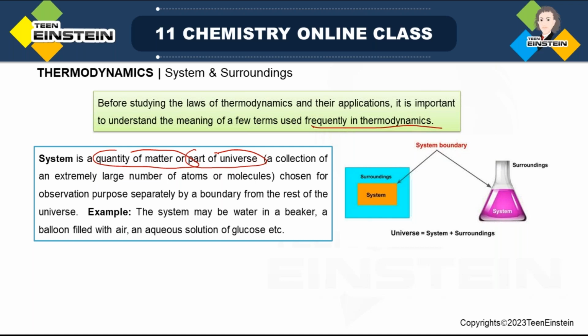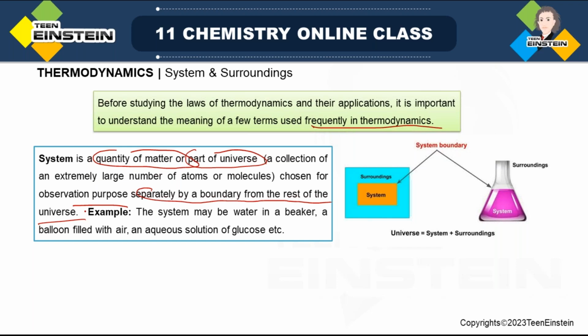Now this part of universe you have chosen for a specific purpose, to make some observations. So chosen for observation purpose, and when you have chosen it, it is obviously separated by a boundary from the rest of the universe. So here boundary is important.